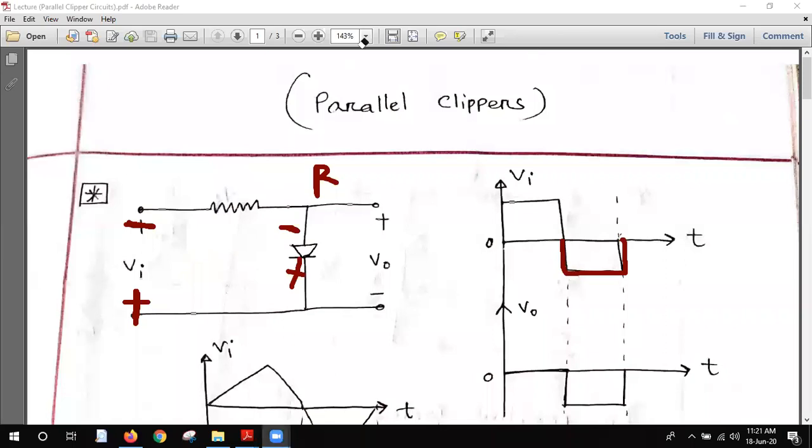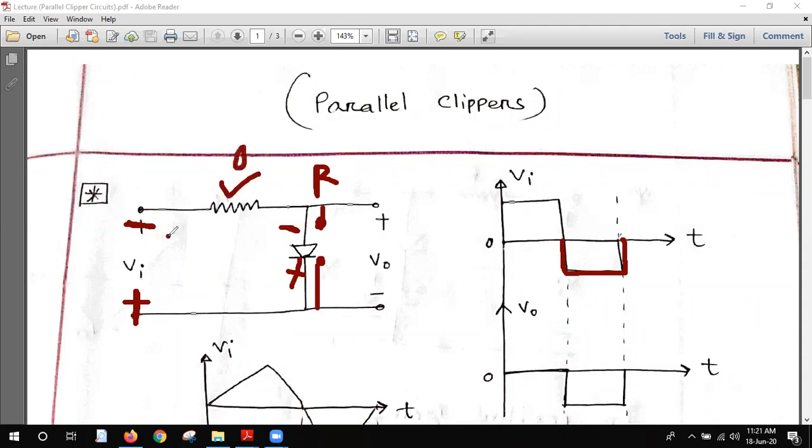So if there is no current, as it is reverse bias, it will be an open circuit. As there is no current, the voltage drop in this resistance will be zero.